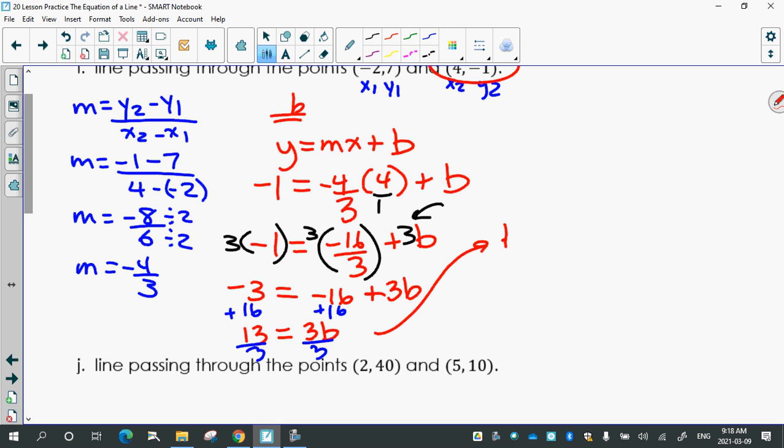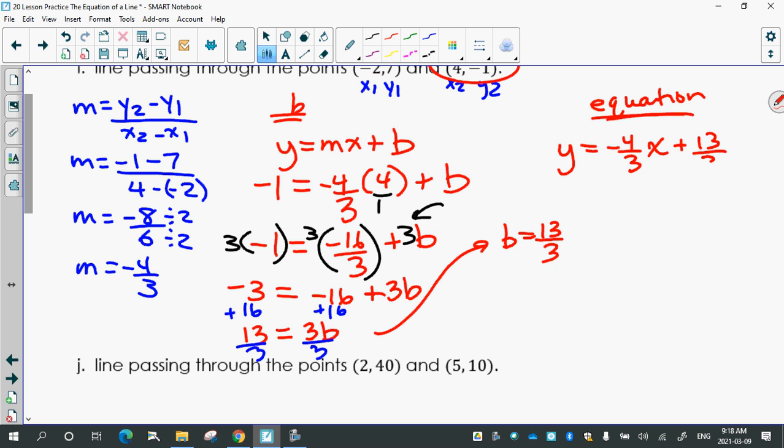So I would get b is 13/3, which means my equation would be y equals m, which is -4/3, x plus my b, which is 13/3.